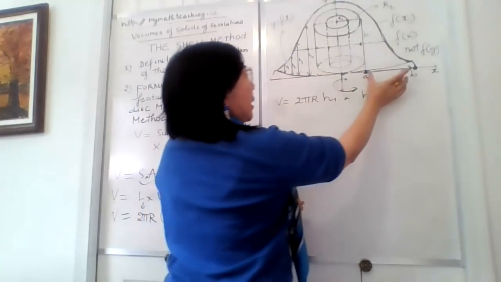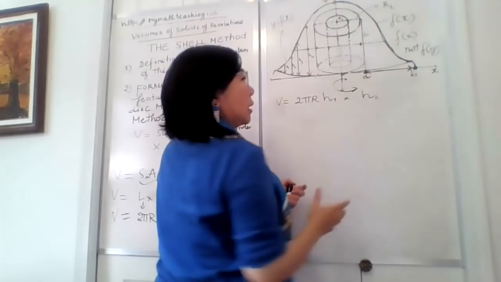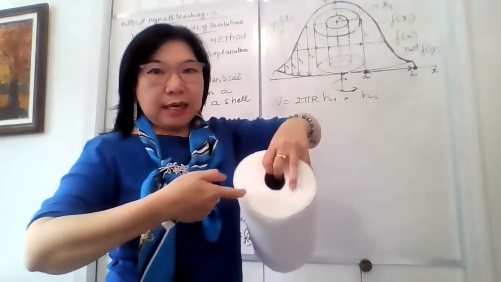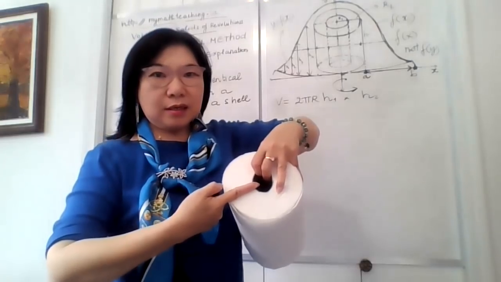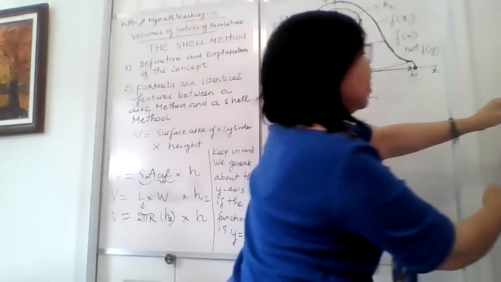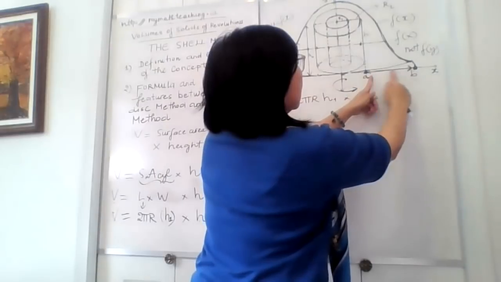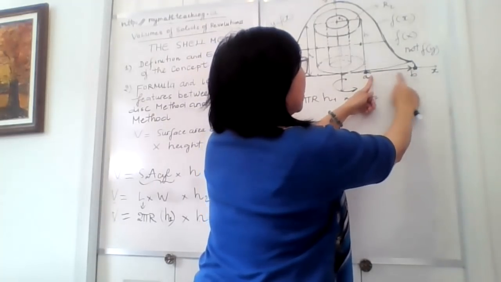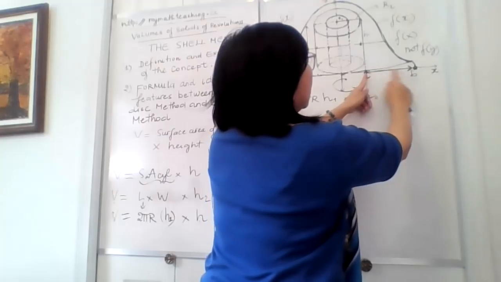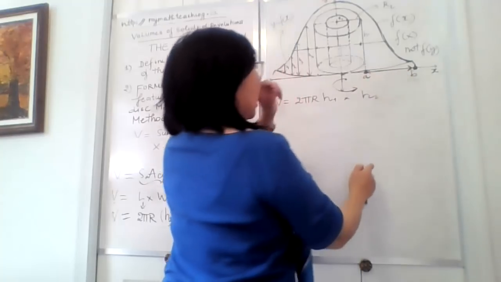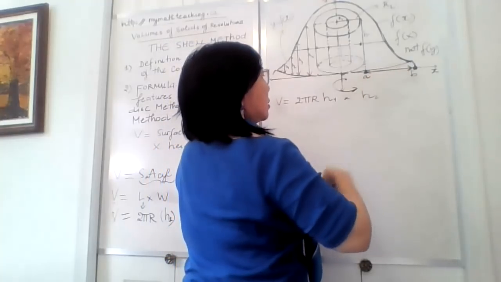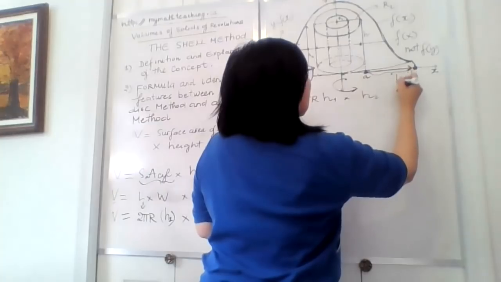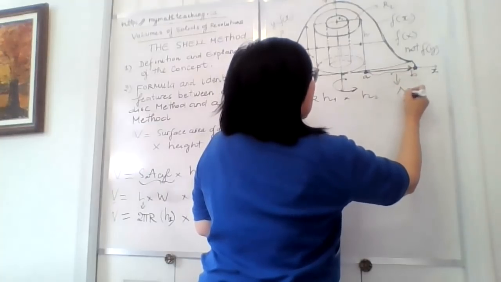So what is the length of a to b here? How can you imagine it? Actually, a to b is this length here, right? This radius here, okay? So a to b here is the radius, right? Now, how do we find this radius? Because it's along the x-axis, I'm going to call this delta x.